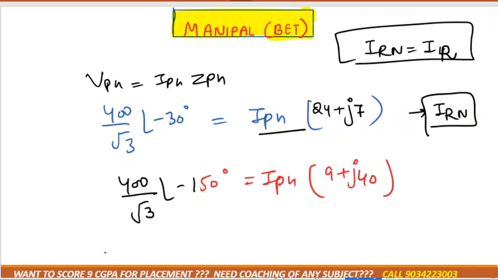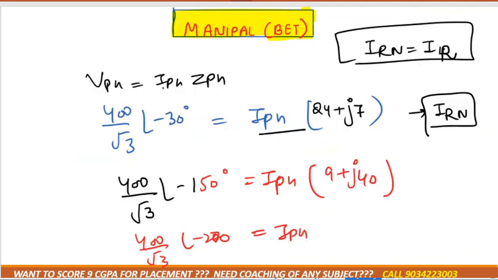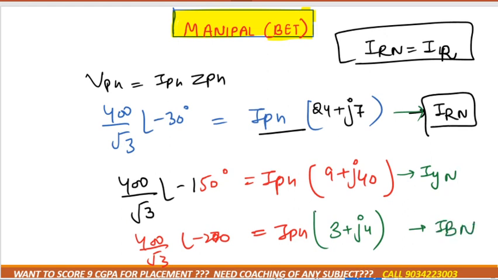Okay, now the next one is 400 by root 3 angle minus 270 degree is equal to IPH, and ZB is 3 plus j. Understood? So you will get from here IRN, IYN, and IBN. That would be equal to IR, IY, and IB. Got it?